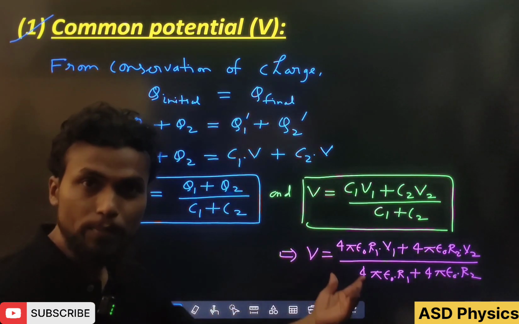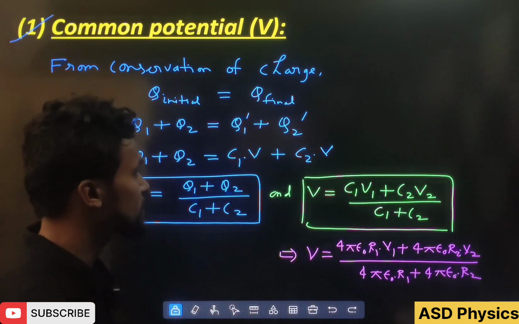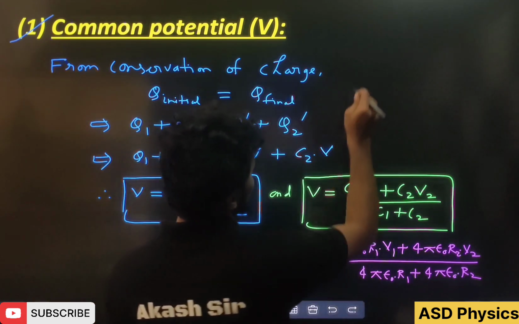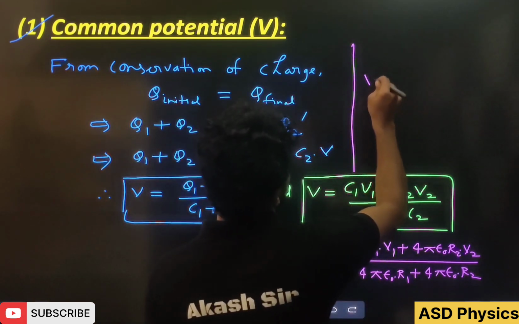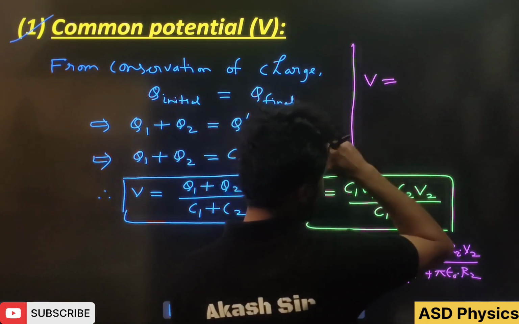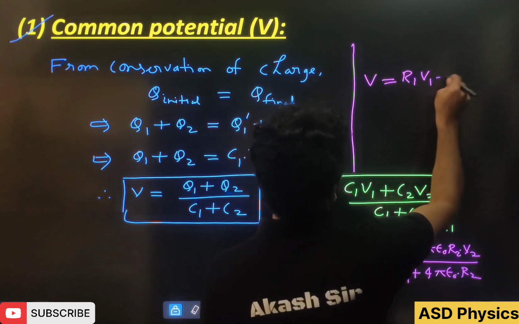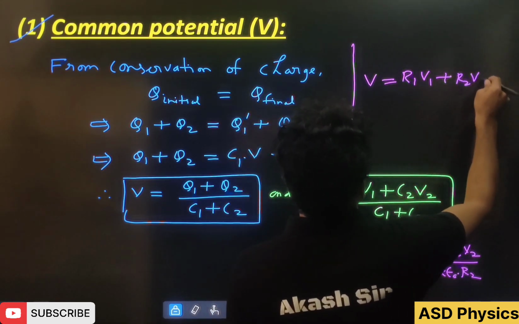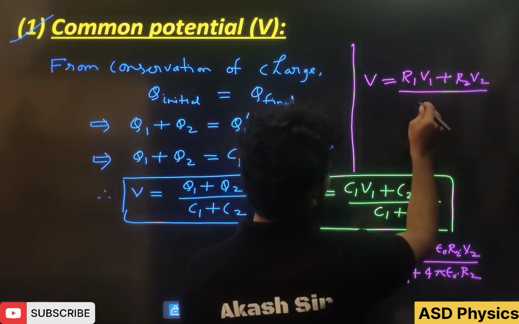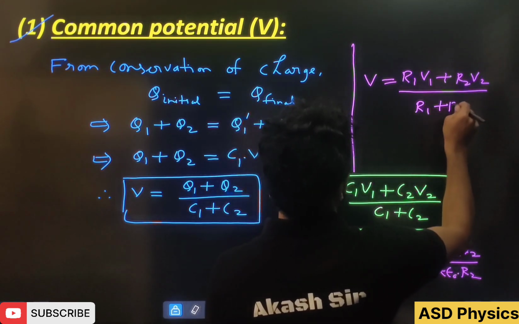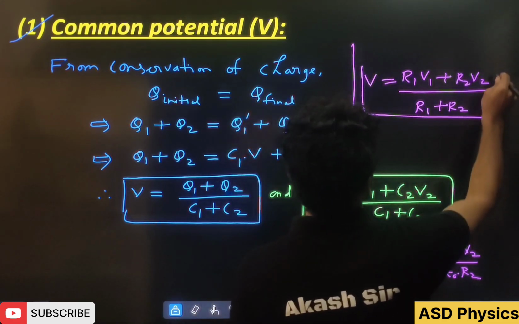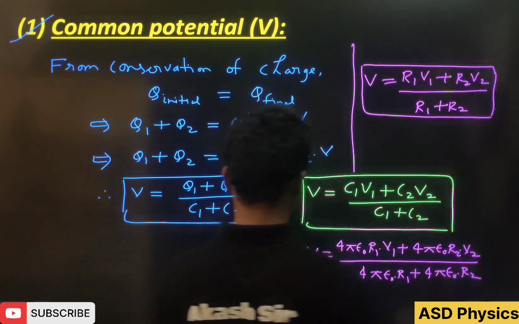So 4 pi epsilon naught in the numerator and denominator will cancel out. So the potential formula will become R1 V1 plus R2 V2 by R1 plus R2. Okay. So this is also one of the formulas of the common potential.